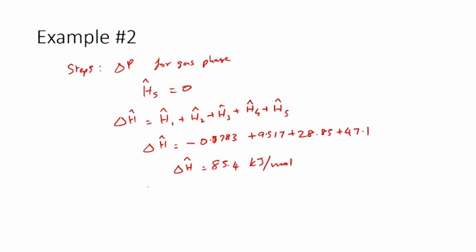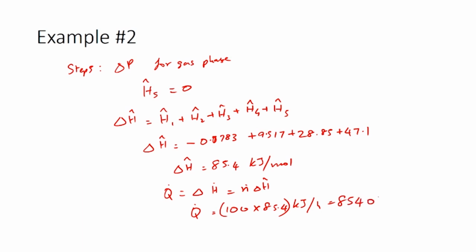From here we can calculate Q dot, which would be equal to delta H dot, equal to N dot delta H cap. N dot has been given as 100 moles per hour, so Q dot is 100 times 85.4 kilojoules per hour, which is 8540 kilojoules per hour.